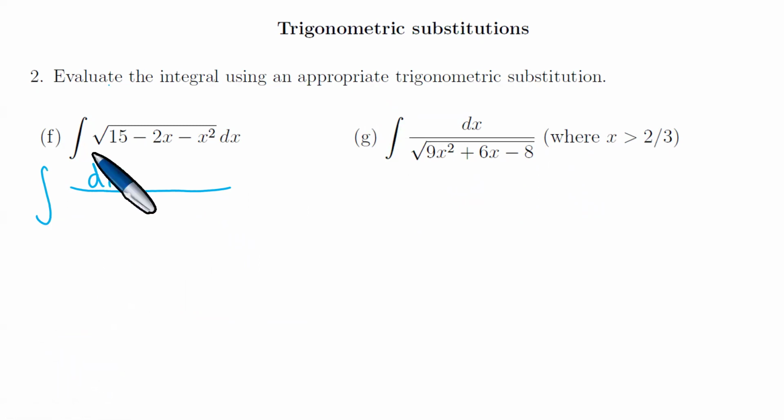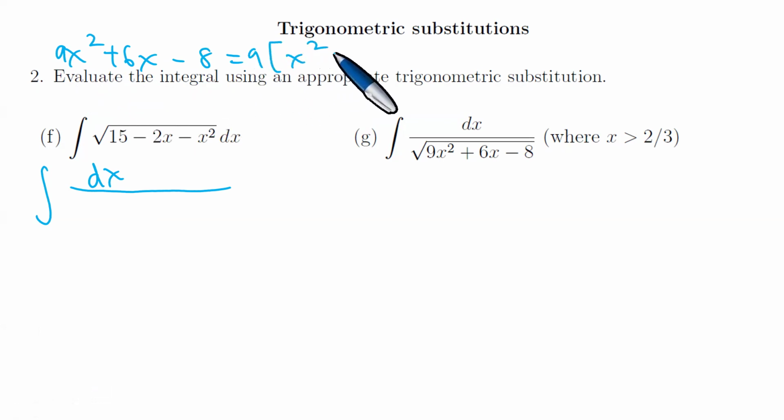So to complete the square, we're going to have 9x squared plus 6x minus 8. Factor out the 9, and then have x squared plus, if you factor out the 9, it becomes 6 out of 9, 2 out of 3, x, and 8 out of 9.